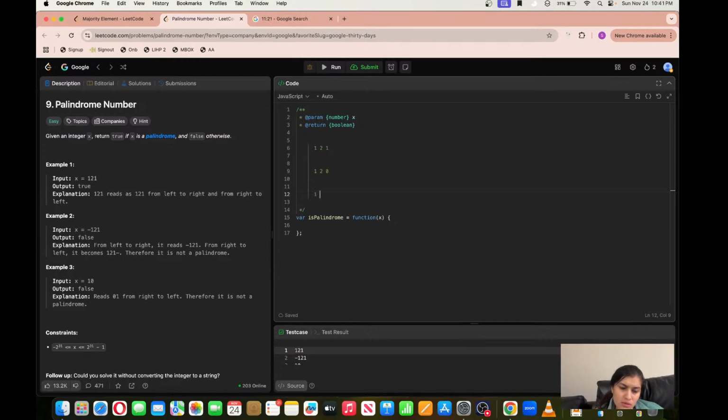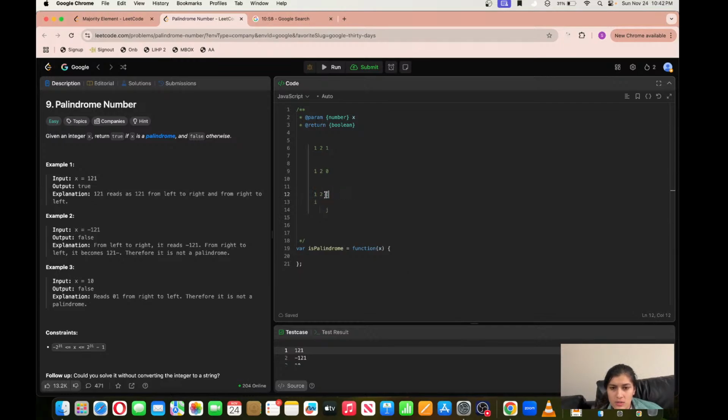And even for positive numbers, how can I do it without converting to a string? I think I'm just overcomplicating this problem. Can I not still go through the integer digit by digit? Okay, so this is 121.